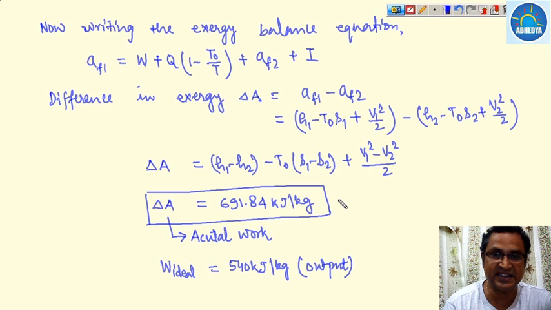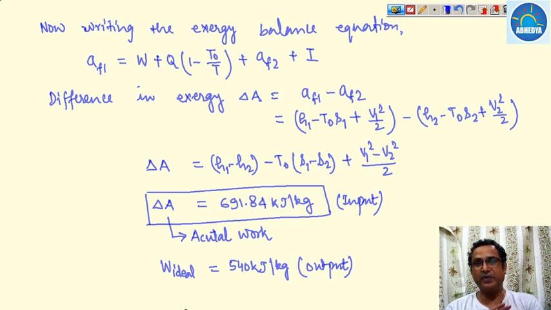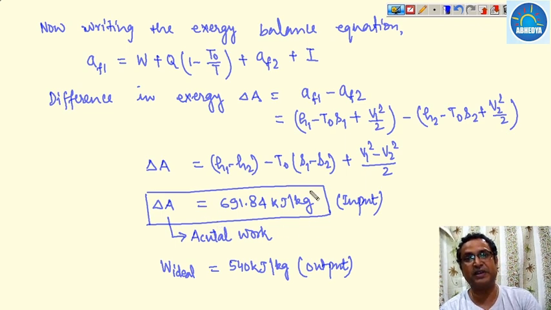And at input, this much amount of work has been transferred from inlet to outlet. Ideally this much amount of work can be transferred, but only this has been transferred. Why?